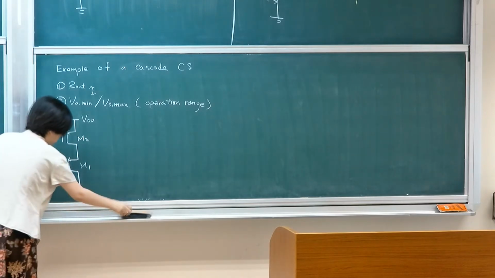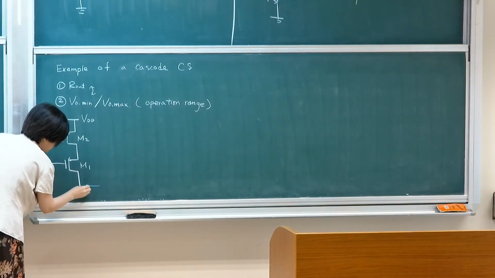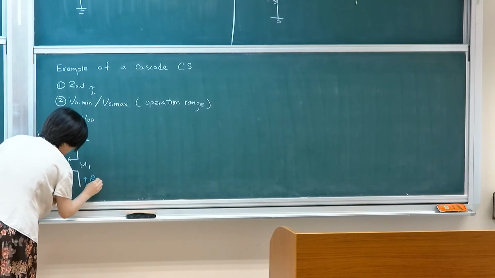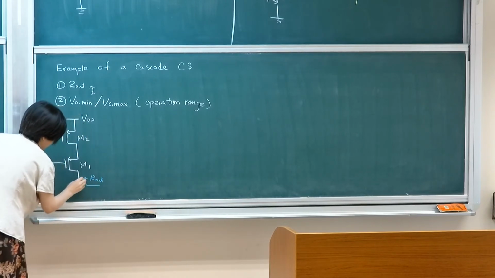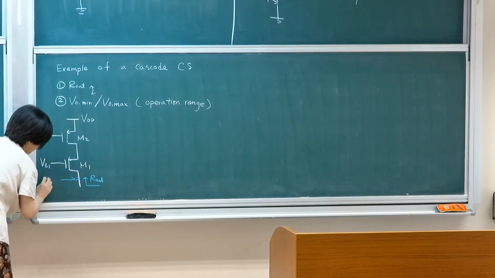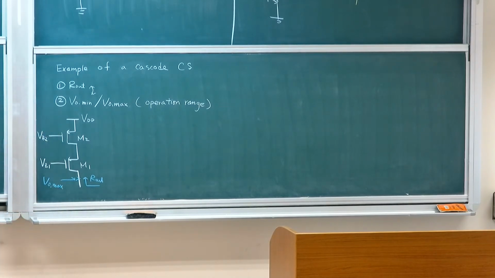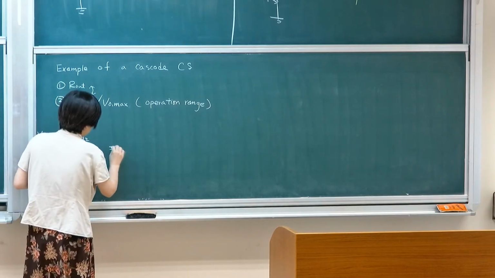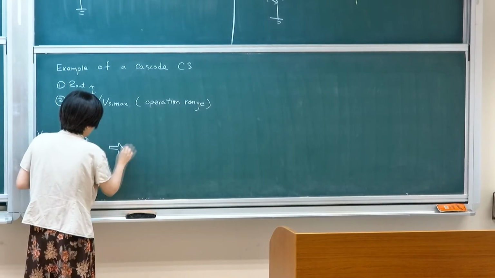I'm looking up to the top for its output resistance, and I'm also checking where my VO maximum is. Because it's looking up, you want to know where your ceiling is. Okay, so this will then be equivalent to a current source.